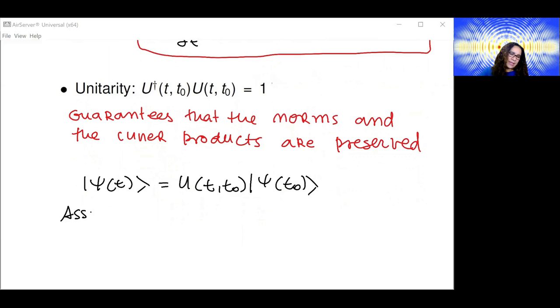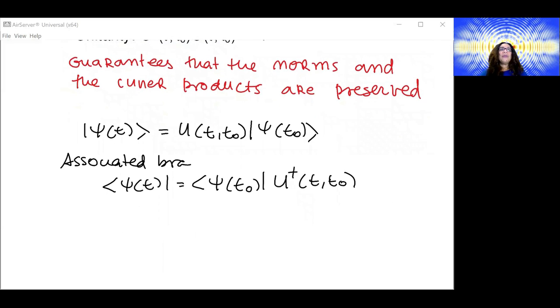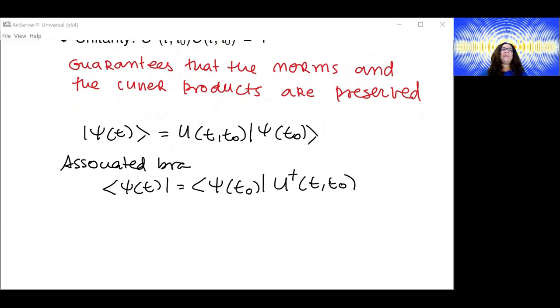Well, we know how we have to write. We have to transpose, and we have to get the U dagger, and we would like to calculate the norm.